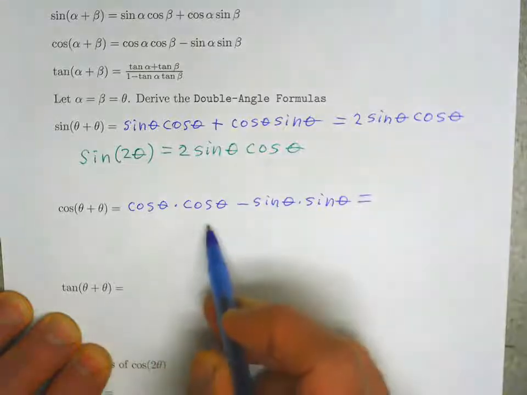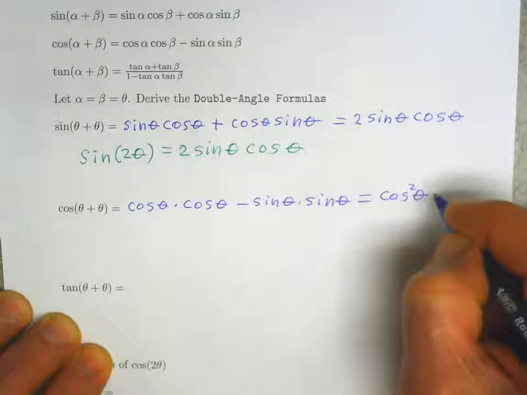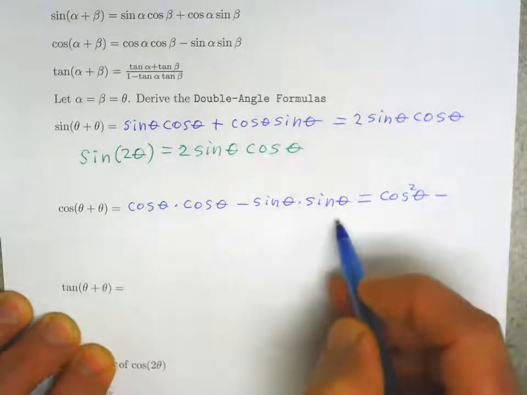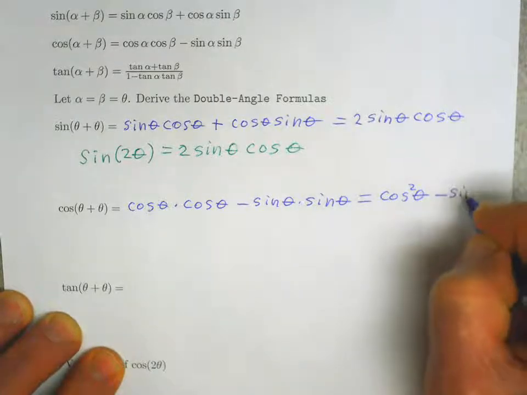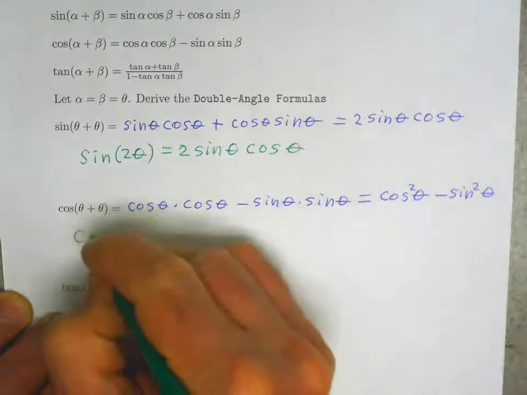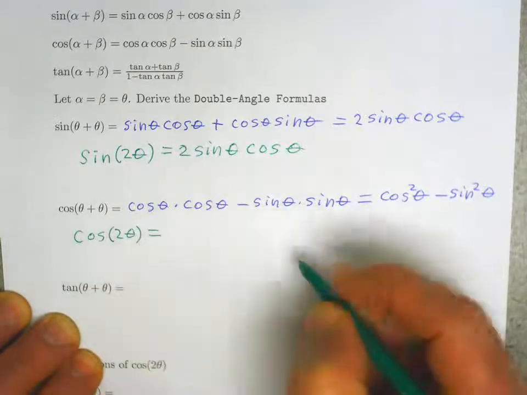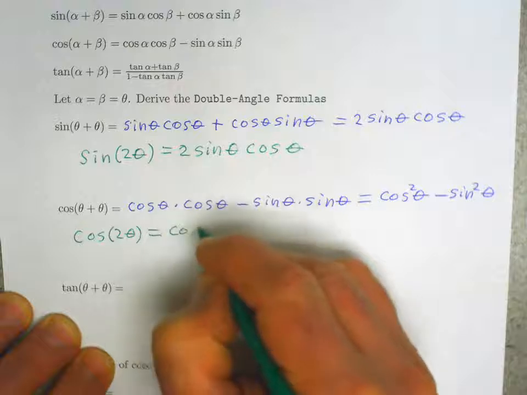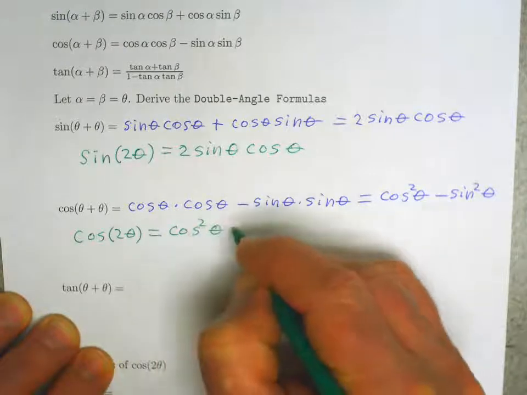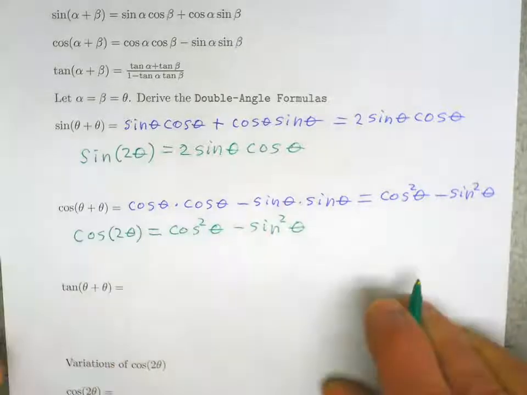But cosine of theta times cosine of theta is cosine of theta squared. And sine of theta times sine of theta is sine of theta squared. Okay, so cosine of 2 theta is equal to cosine of theta squared minus sine of theta squared.